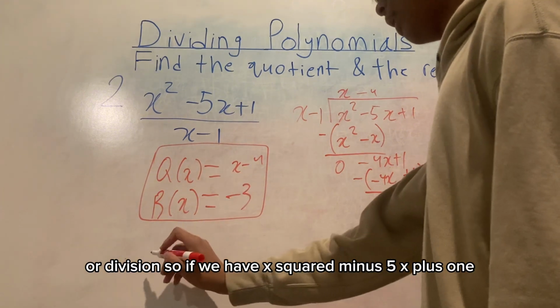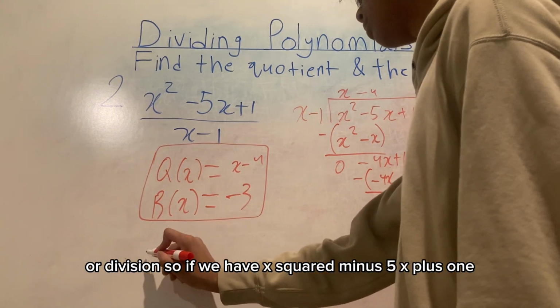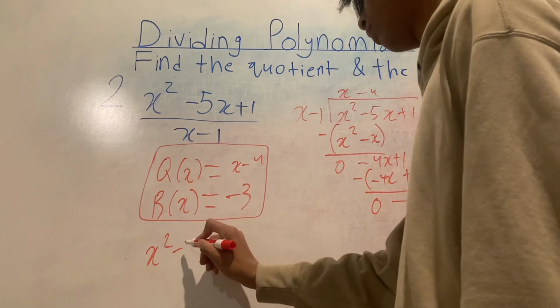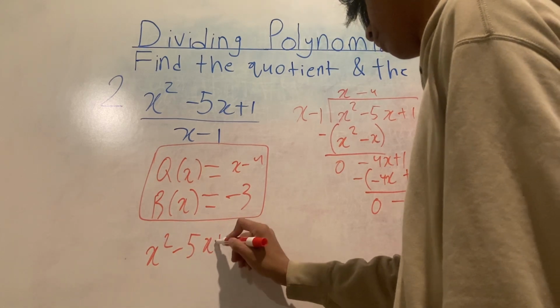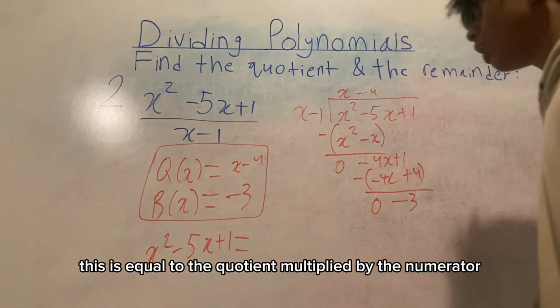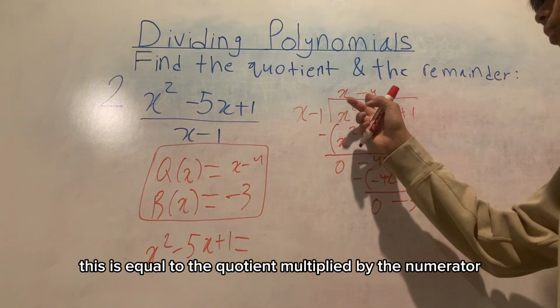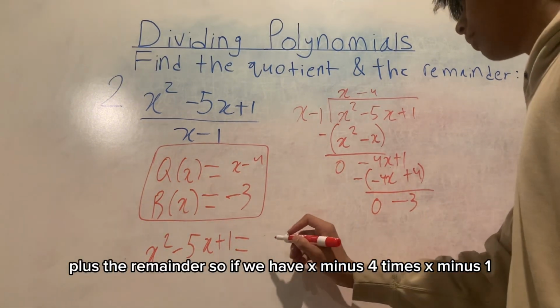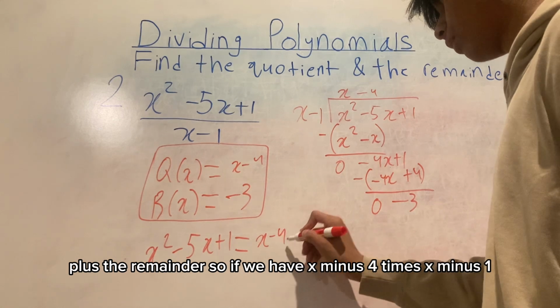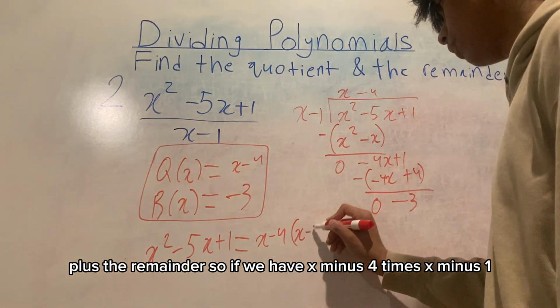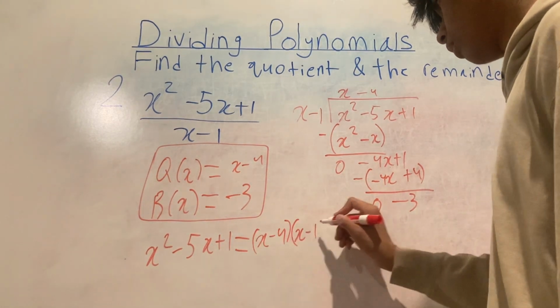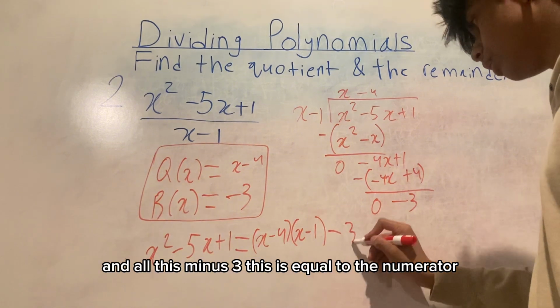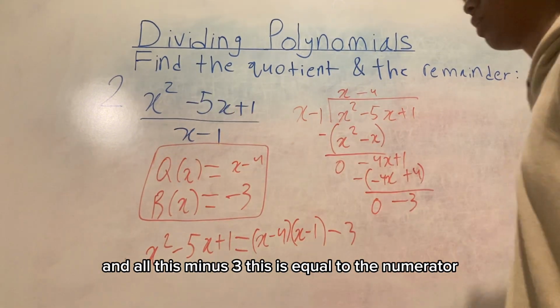If we have x squared minus 5x plus 1, this is equal to the quotient multiplied by the denominator plus the remainder. So x minus 4 times x minus 1, and all of this minus 3, is equal to the numerator.